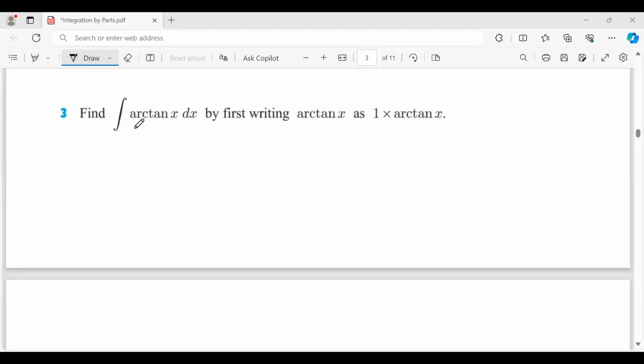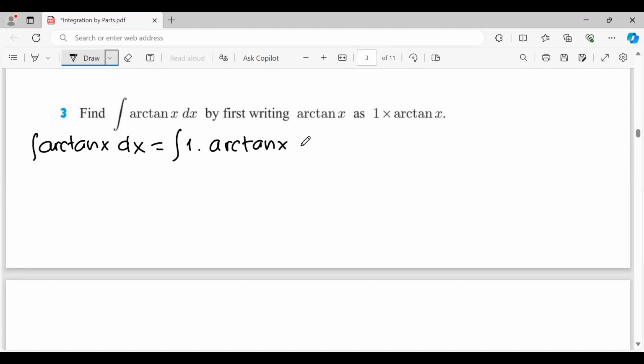3. Find integral arctangent x dx by first writing arctangent x as 1 times arctangent x. Similar with the previous question, number 2. Equals 1 times arctangent x dx.